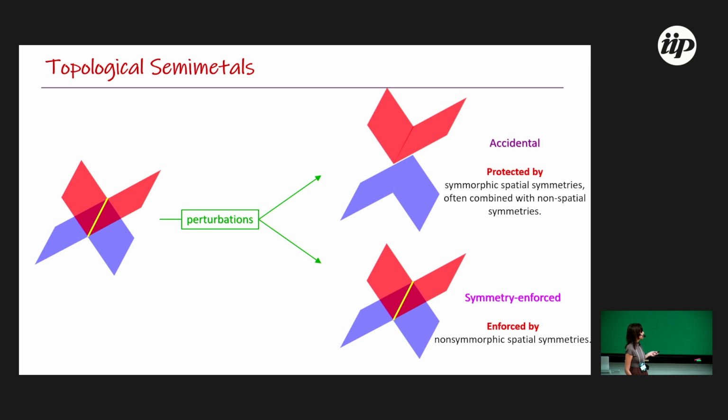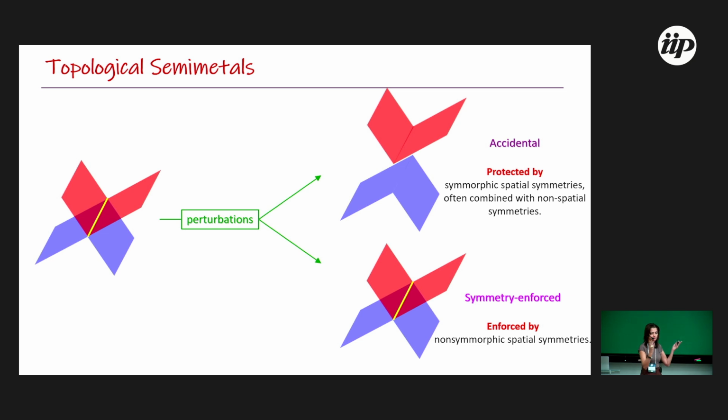So in the first case, this band degeneracy, a nodal line, is called accidental, because the band degeneracy only exists within a regime of parameters. So if you perturb your Hamiltonian or your structure microscopic parameters, then you split up the bands.